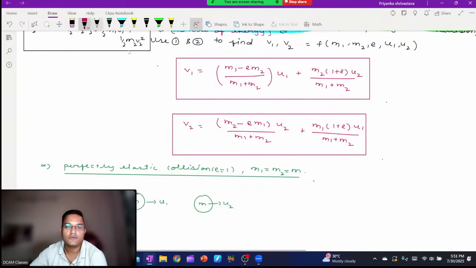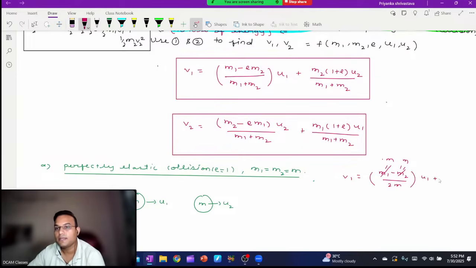I'll just show you. v1 will be, this part will be 0, because m1, e is 1, minus m2. Both m1 and m2 are equal to m, so this will cancel by 2m. u1 times 0 plus m2 into 2u2, that is m into 2u2 by 2m.